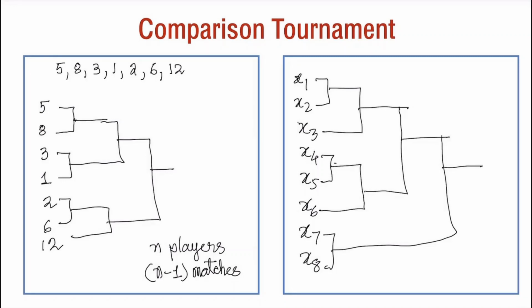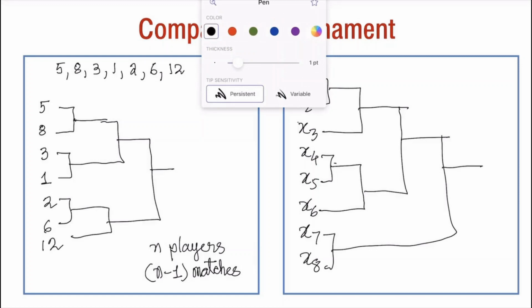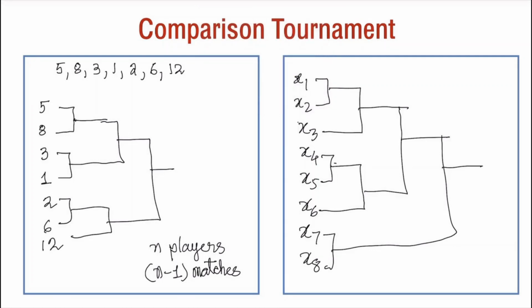You could fix up the tournament by this, or by creating some other mechanism. You could make x1 play with x3, x2 play with x4, x5 play with the winner of these two, and then you could make a tournament in any form you want to declare the winner. You will end up with this.